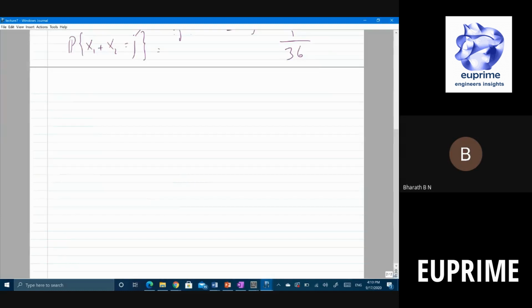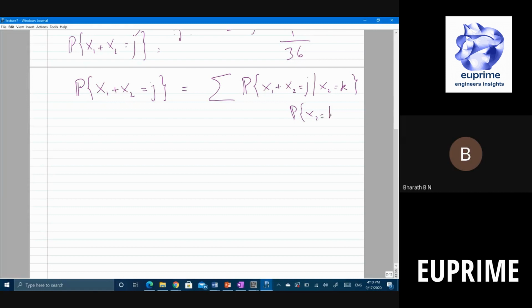Okay, let's calculate. What is it that you need to calculate? x1 plus x2 equals j. You want to compute this, right? Summation of probability of x1 plus x2 equal to j given x2 equal to k, into probability of x2 equal to k, right? Do you agree? Over all k, this is what we want.